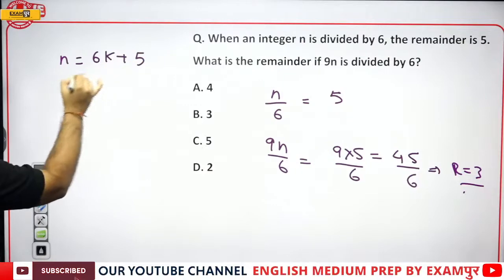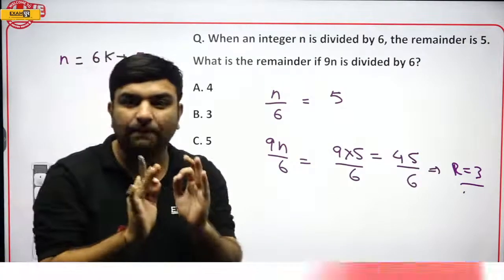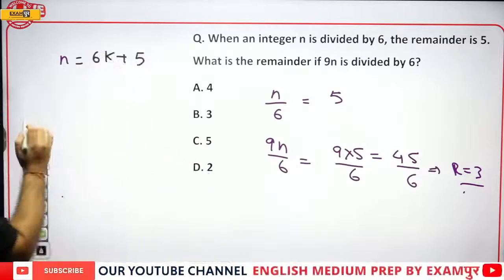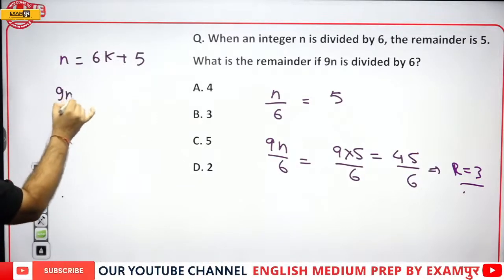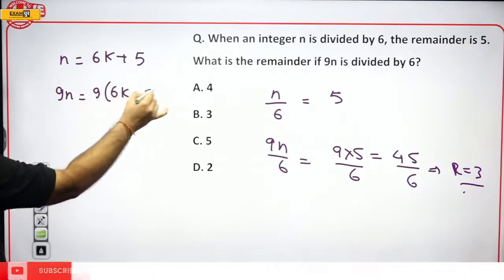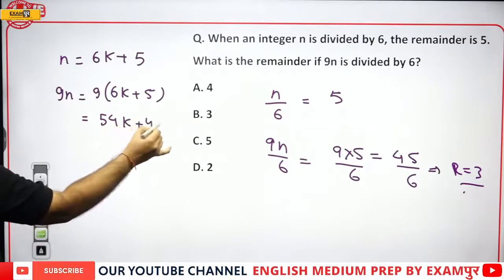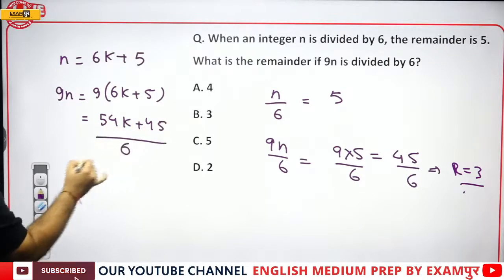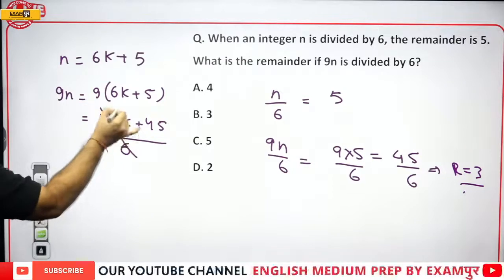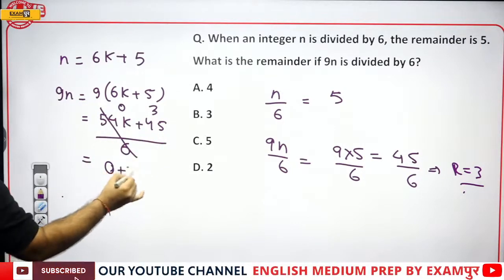So number is of the form 6k plus 5. 9 times of this number is going to be 54k plus 45. If you divide it by 6, 54k is completely divisible, 0 remainder, and here the remainder of 45 is 3. So remainder of 3.